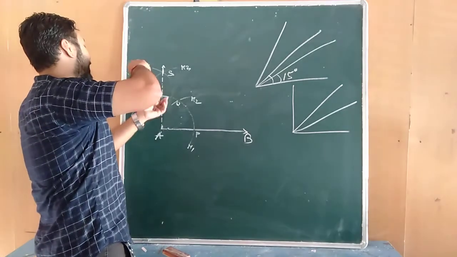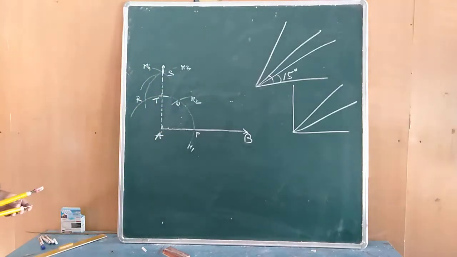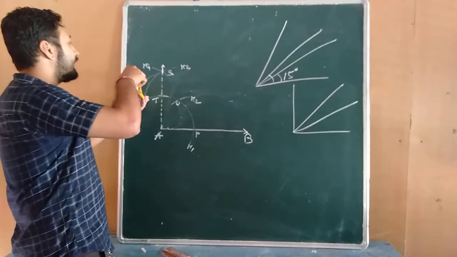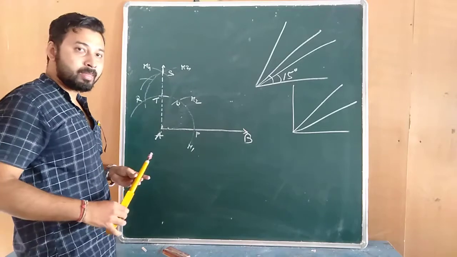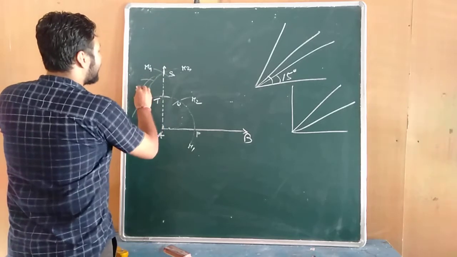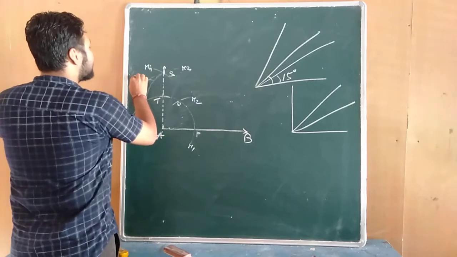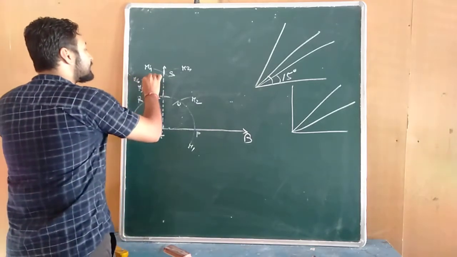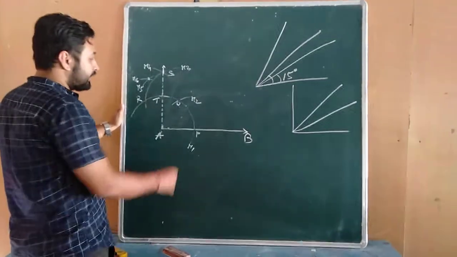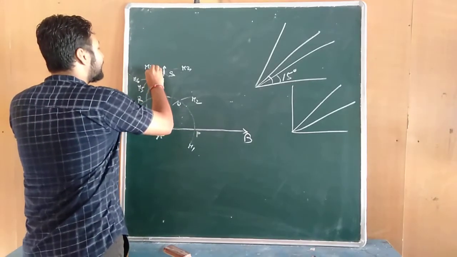On this side we will draw one arc. And with the same radius, taking RS as center, we will draw another arc on this side. The first arc we can name R5, the second arc R6. Both the arcs intersect at a certain point. We can name this point capital U.